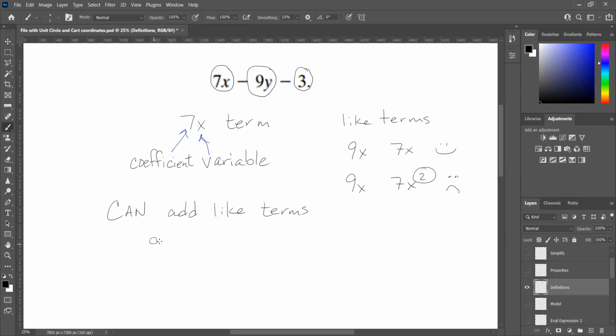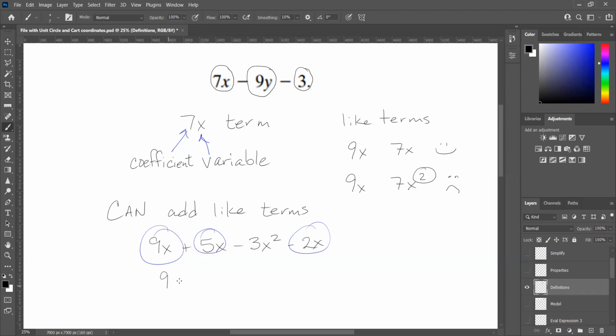So if we had 9x plus 5x minus 3x squared minus 2x, it turns out that we have 3 like terms, which we can add together.